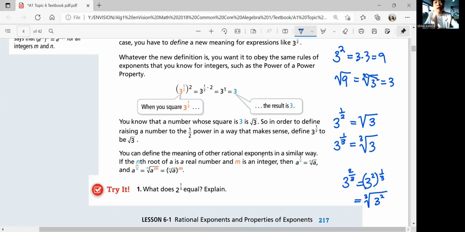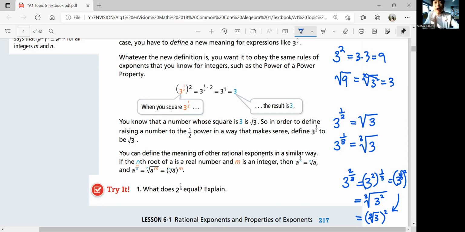And so you can make the 3 squared into a cube root. Or that could also be written as 3 to the power of 1/3, all to the power of 2, right? So then you can write this as the cube root of 3 squared. They're actually the same thing.